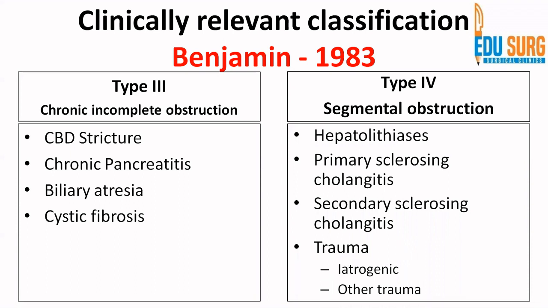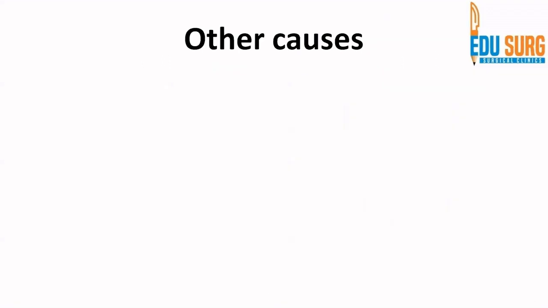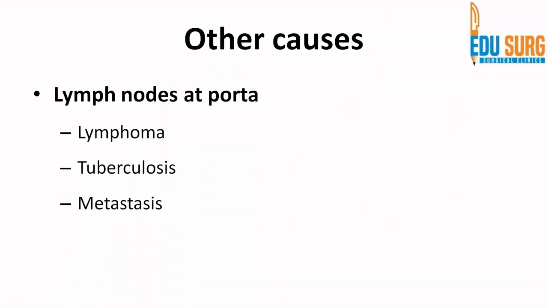Trauma can be iatrogenic in multiple places, cause short segment strictures and segmental obstruction, but classically type 4 is related with sclerosing cholangitis.